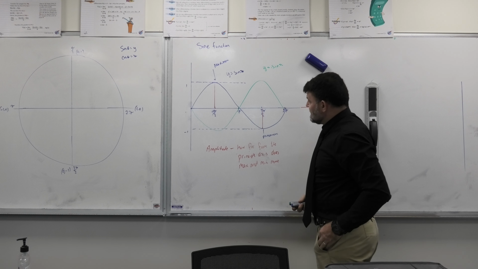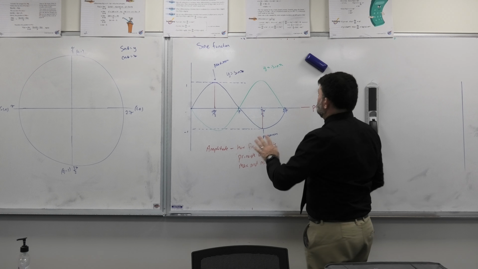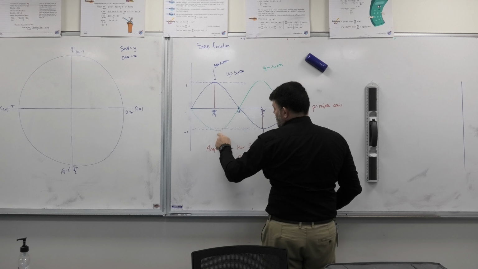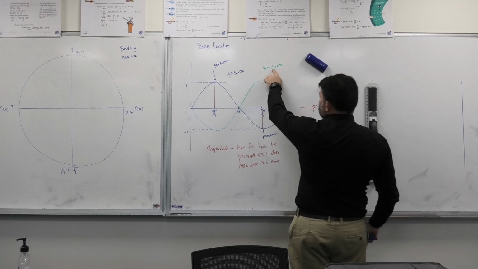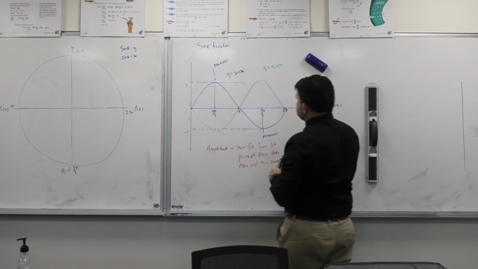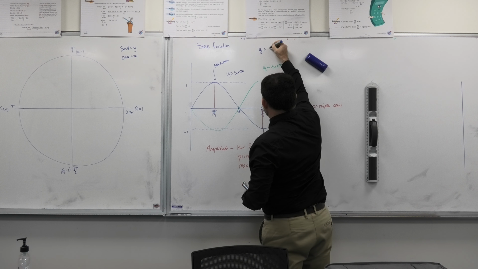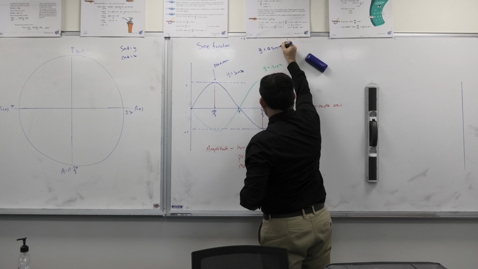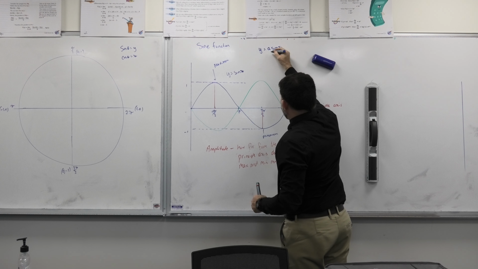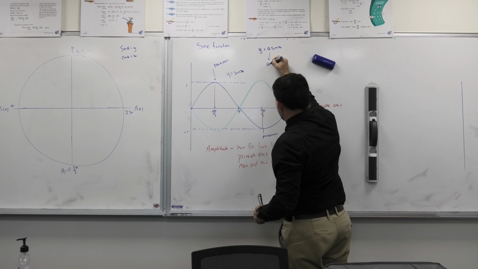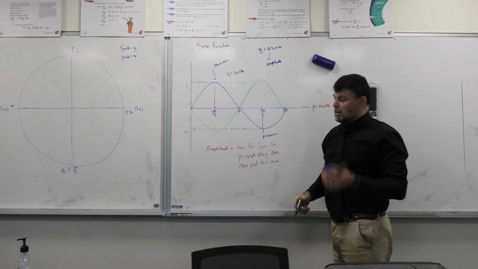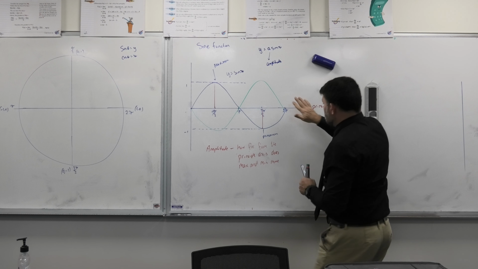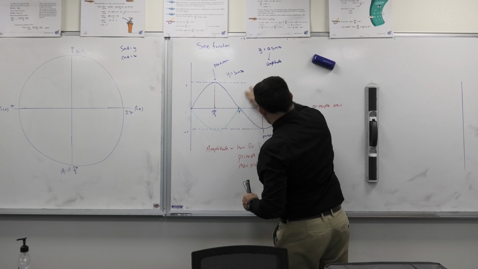So the negative itself does not change the amplitude. It's the value. A lot of the time we write something that looks like y is equal to A sine x, where A is your amplitude, and it's always going to be a positive number.